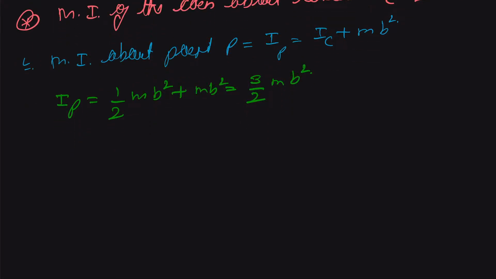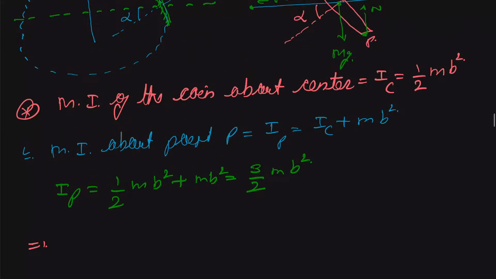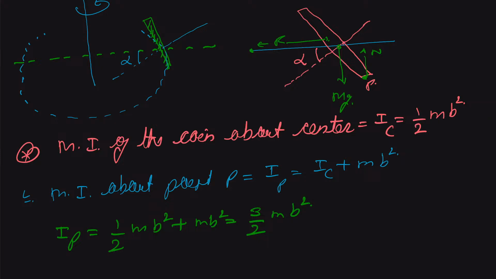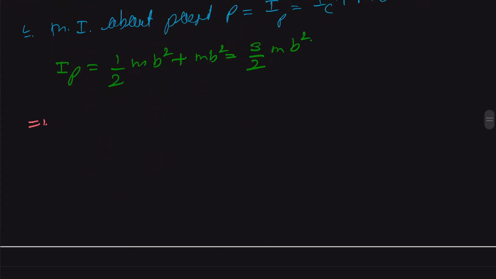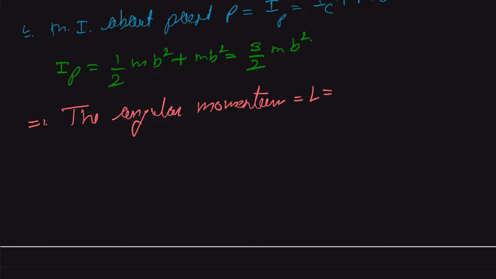Therefore we can say that if it is rotating with the angular speed about its axis, suppose it is rotating with our omega, therefore we can say that the angular momentum L will be equal to IP multiplied by omega, and this comes as 3/2 mb square times omega.